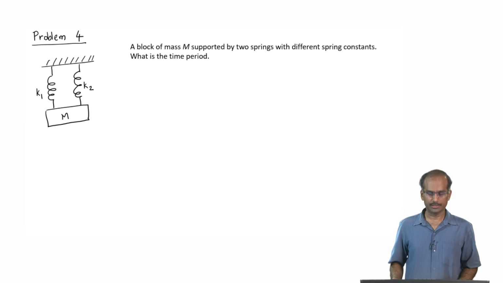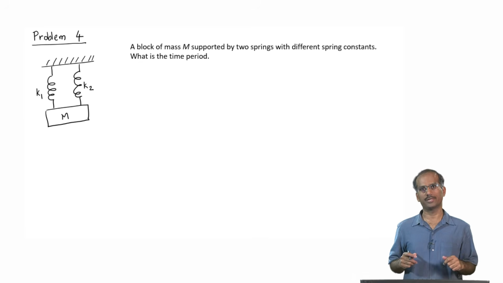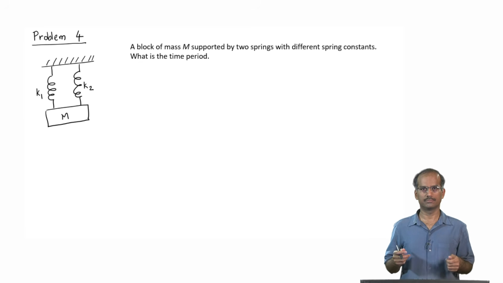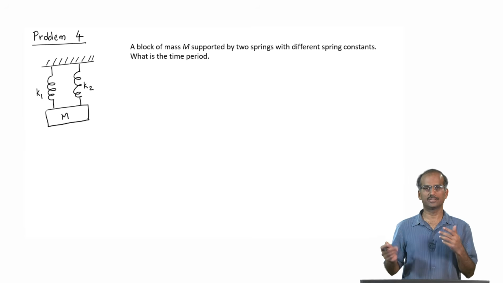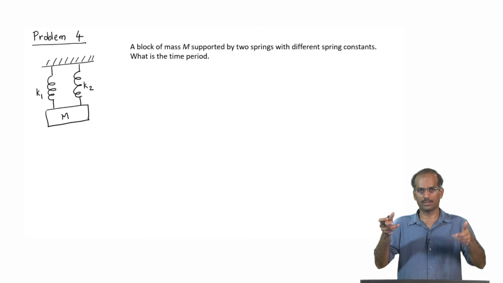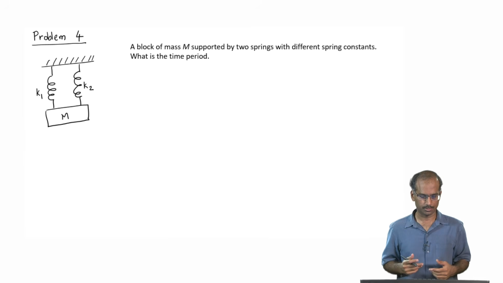The principle here is that the extensions produced by both the springs will be equal. Imagine, suppose if they were not equal, if one spring produces a different extension from the other, then the block would not stay horizontal, but would have some tilt to it.